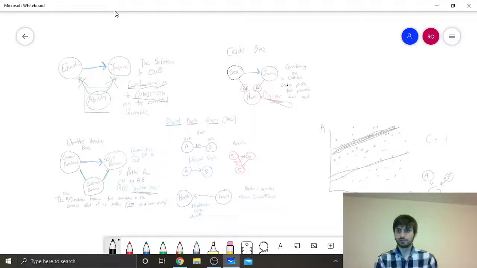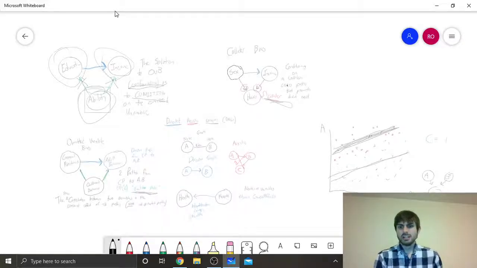So if you can draw out your graph and say, hey, this is a really important confounder, then you should look for data that not only has your independent and dependent variable, but also data on this confounder. So that's just a really basic introduction to directed acyclic graphs.